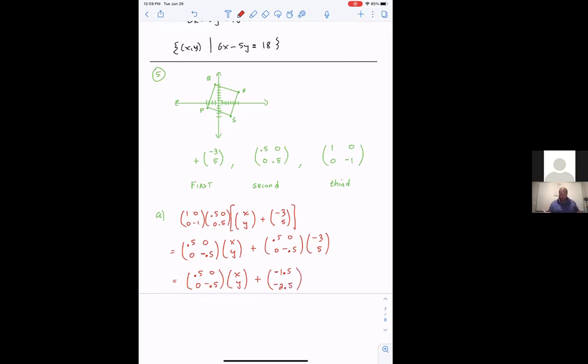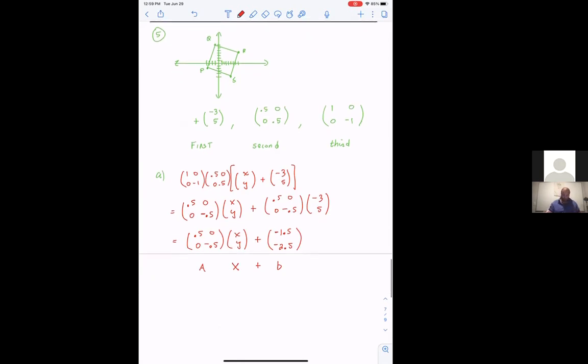Because for part A, we want to write it in the form AX + B. So the matrix A is [0.5, 0; 0, -0.5]. The matrix X is your unknown (x, y). And the matrix B is (-1.5, -2.5).